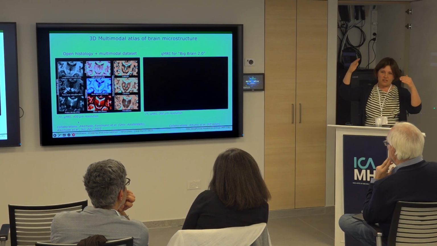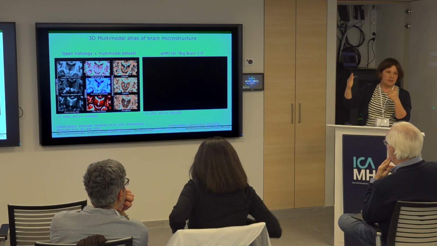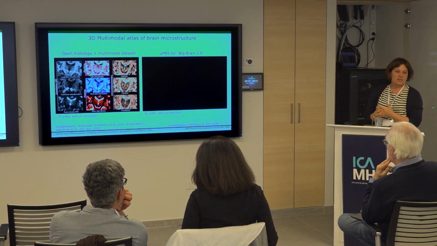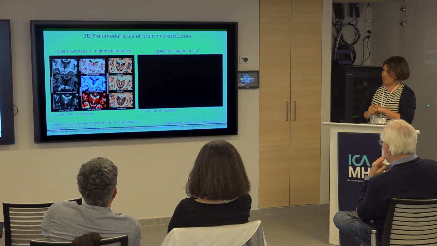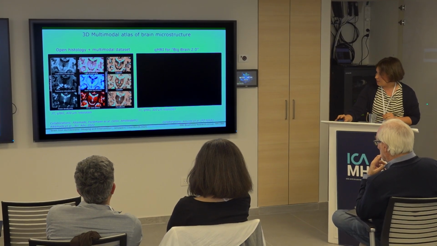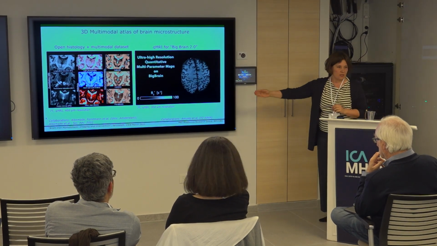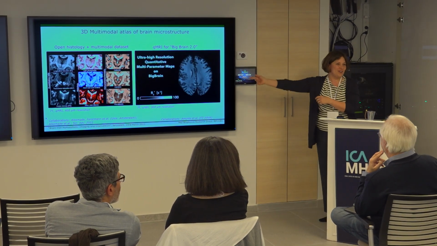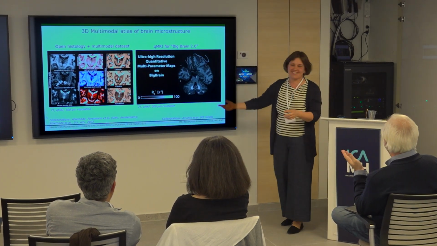After that, these brains went through 3D histology with very different stainings. So we could use calbindin histochemistry to really localize the nigrosome in this data set. And here you see another data set, acquired at an even higher resolution.